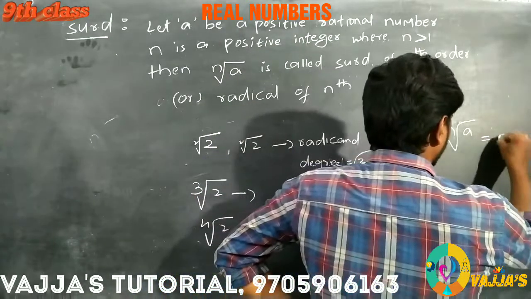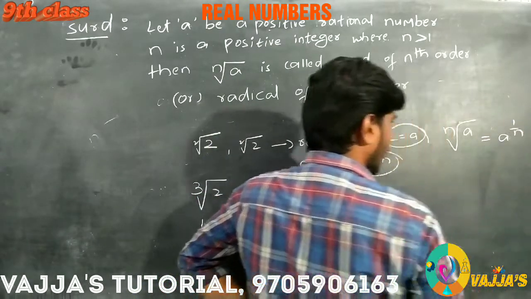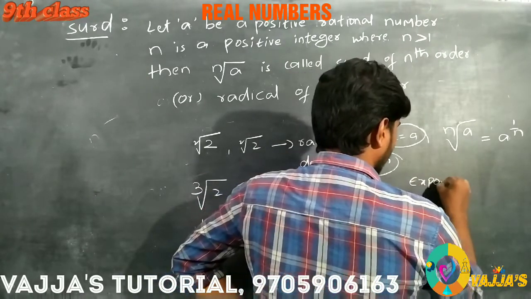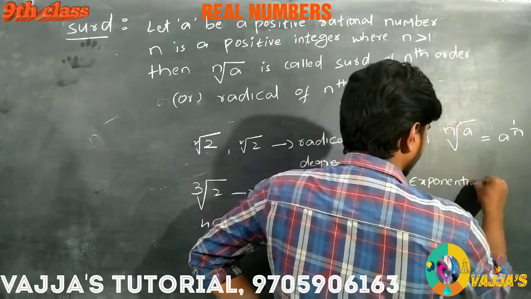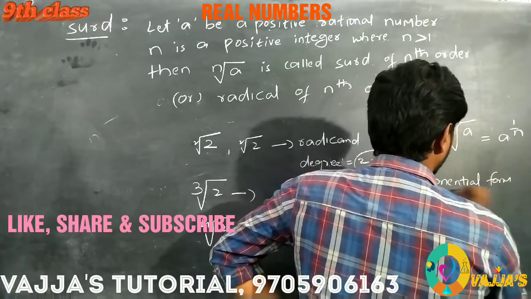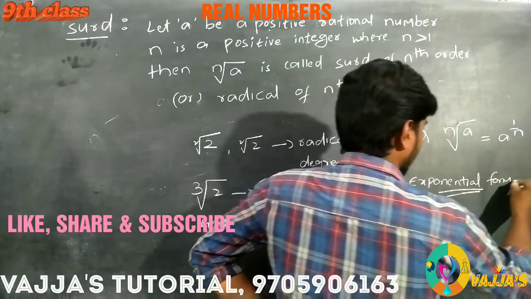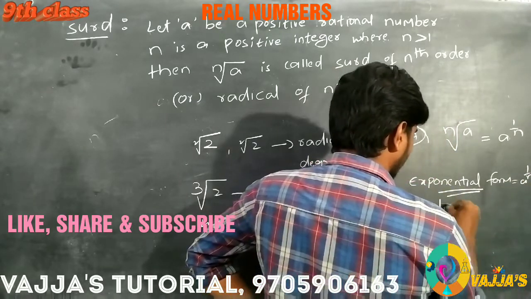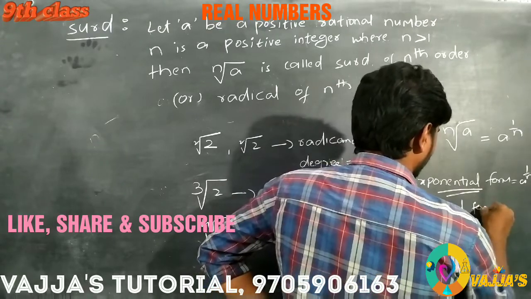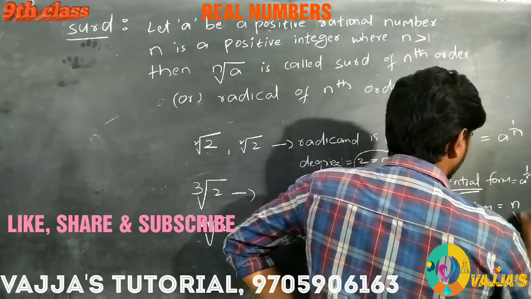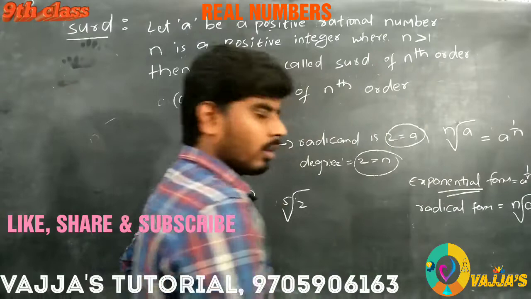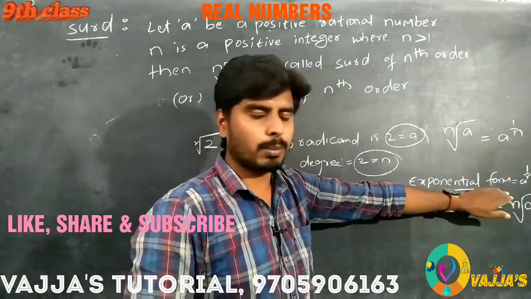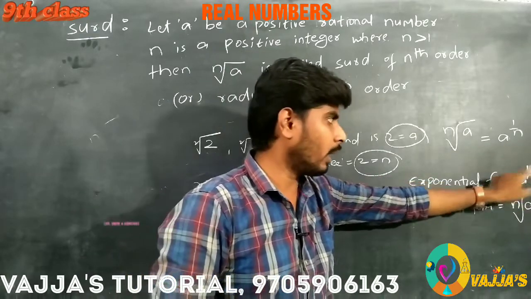What can you write? A power 1 by n. This is the exponential form of a surd. The exponential form is a power 1 by n. The radical or surd form is nth root a. So this is the radical form and this one is the exponential form, a power 1 by n.